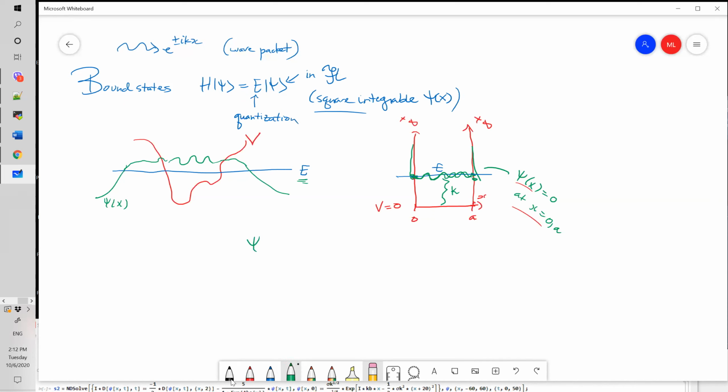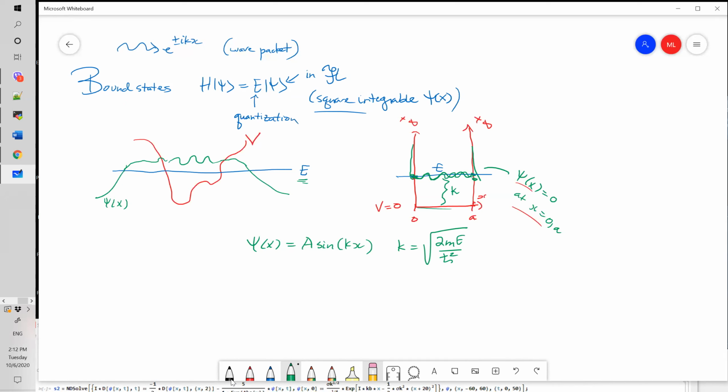they constrain our wave function. And so the solution really is going to be a sine of kx, where k is the wave vector associated with the kinetic energy inside the box, which in this case, since V is 0 in here, is just the square root of 2mE over h bar squared.